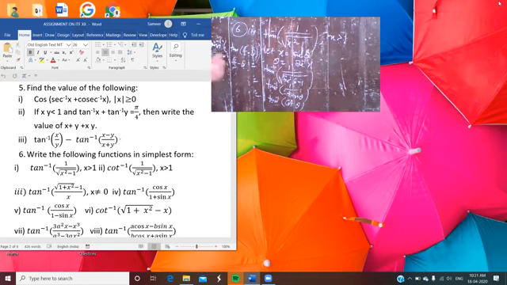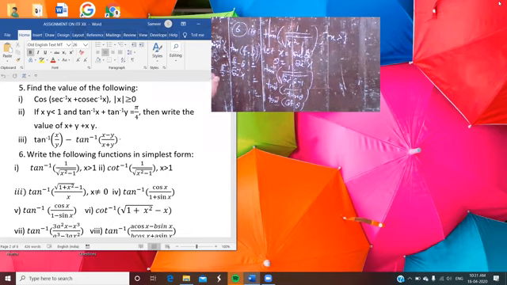Now putting the value of theta, you have pi by 2 minus sec inverse x. And if you apply the formula cosec inverse x plus sec inverse x is equal to pi by 2, then pi by 2 minus sec inverse x is equal to what? Cosec inverse x.